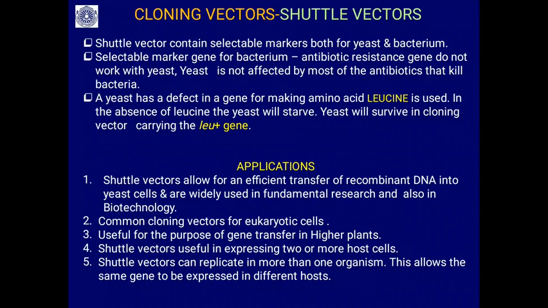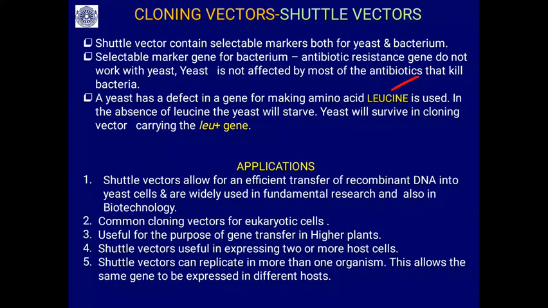Yeast cells are not affected by most of the antibiotics that kill bacteria. We select using antibiotic in the culture medium. If the antibiotic resistance gene is present in our vector, those bacterial colonies will survive, and we can pick those colonies. I have explained all this to you.